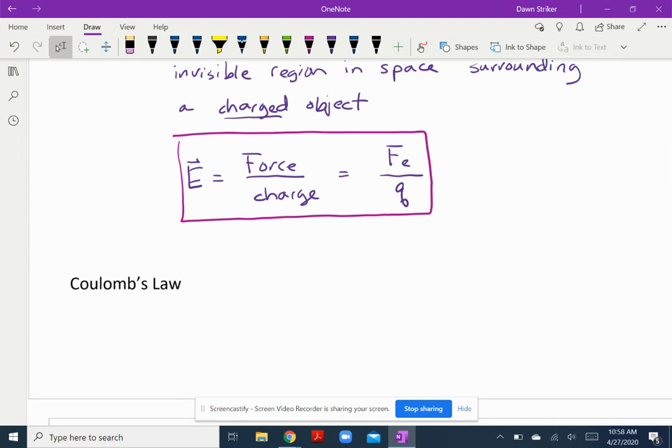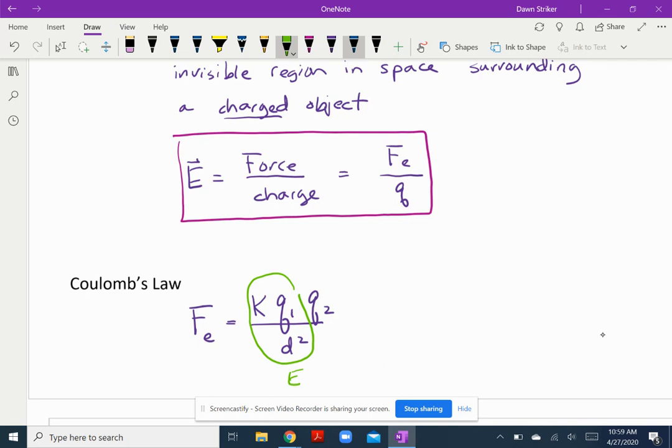Now if I look at Coulomb's law, remember Coulomb's law looks like this. The electrostatic force is equal to k times the charge of one object times the charge of another object divided by d squared. I could write this very similarly, as this much of it is E. That's the electric field.